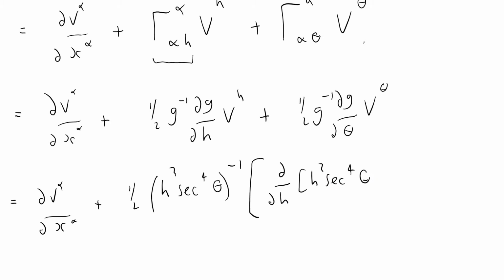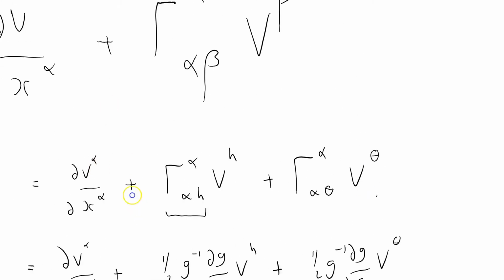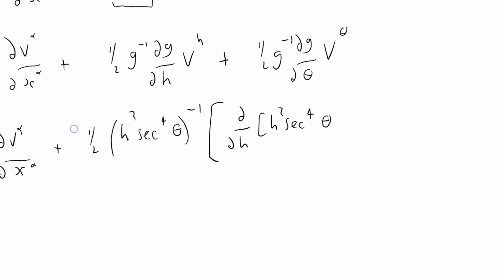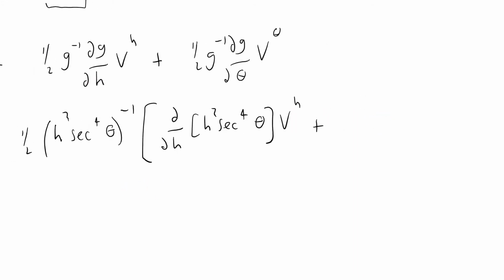Well, it's not quite as nice as I was expecting, but it's a damn sight better than working out these Christoffel symbols, which were an absolute nightmare. We've taken out the half, we've taken out the g^-1, we've got the ∂/∂h, and that's going to be v^h, plus ∂/∂θ of h² sec⁴θ v^θ.